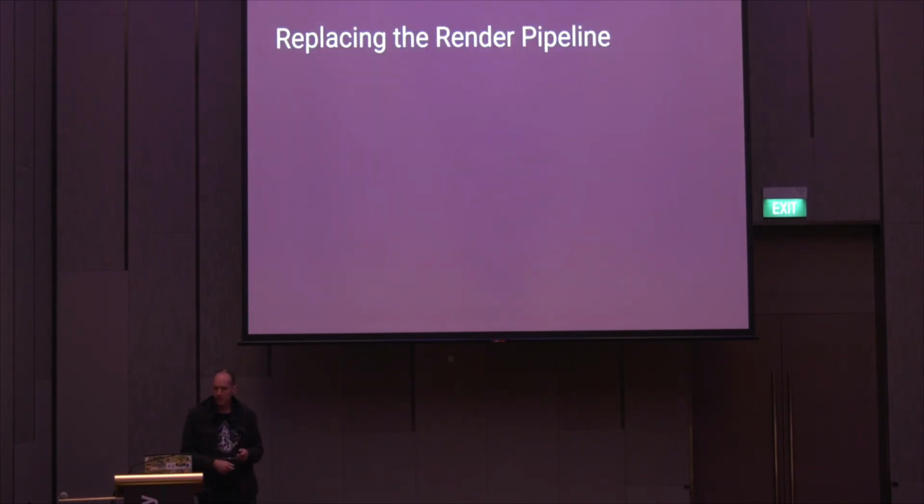So what I'd like to do is also talk about how you could replace the pipeline completely, or at least replace the rendering passes within it. And so why might you want to do this? Well, one reason is the lightweight rendering pipeline is a simple forward renderer. So what that means is it can take in up to 8 lights and do lighting in 1 pass.